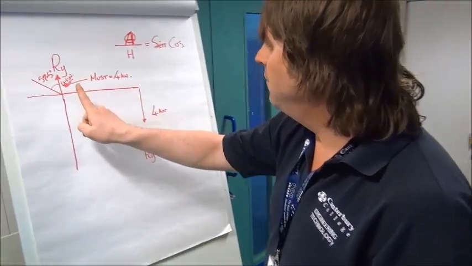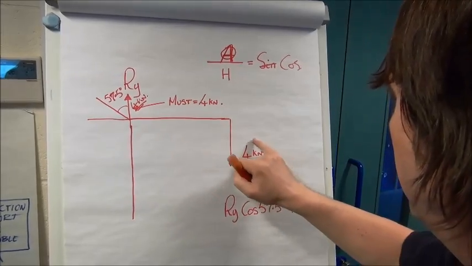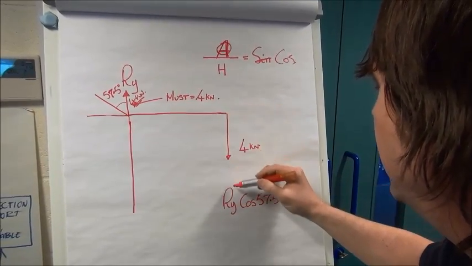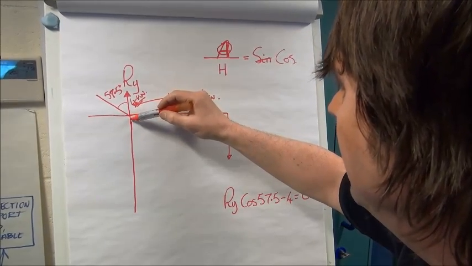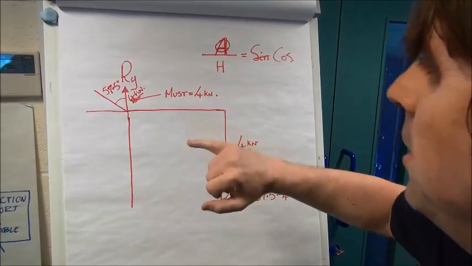To work out the vertical component of Ry, we know that at this point here we must have a 4 kilonewton force working downwards. Therefore at this point we must have a counterbalancing component vertically upwards of 4 kilonewtons. There's two ways of working this out.